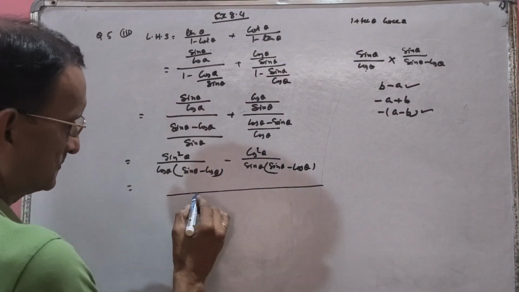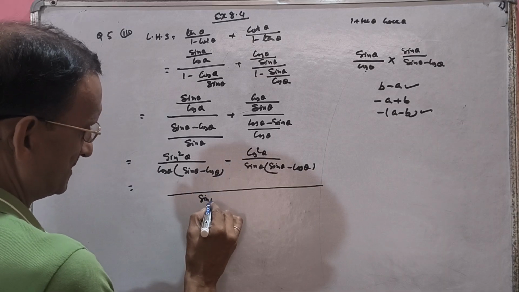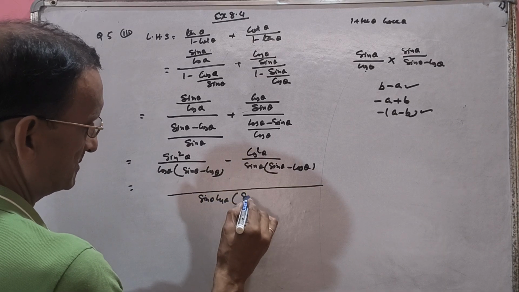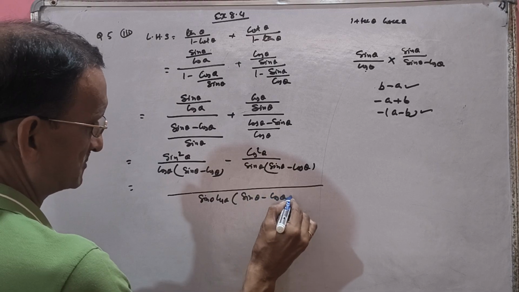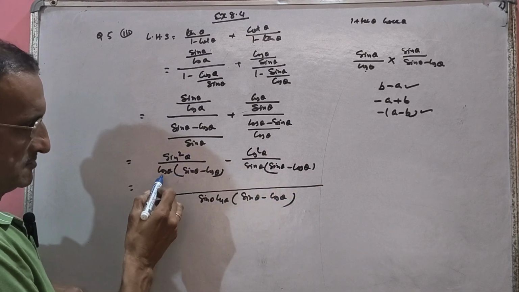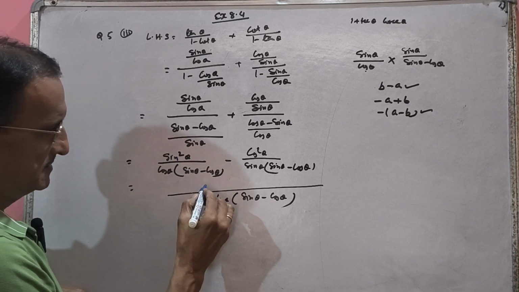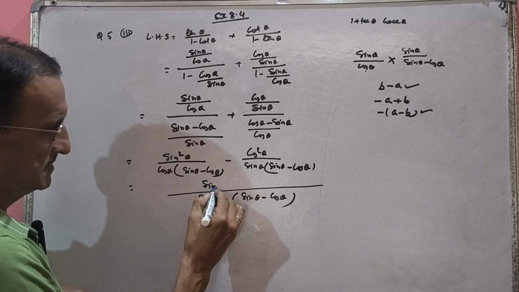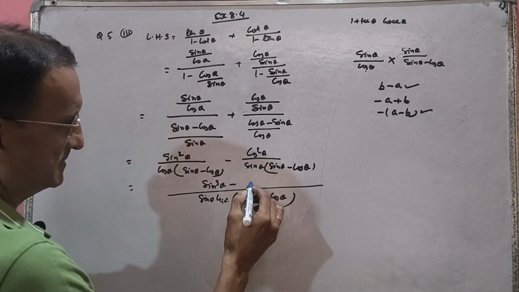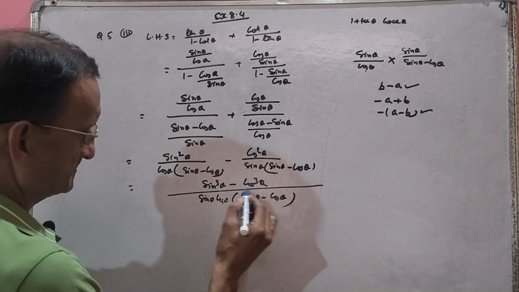Now final simplification, what is the LCM? Sine theta into cos theta into sine theta minus cos theta. So cos theta cancels, sine theta minus cos theta cancels, sine theta into sine square theta gives sine cube theta, and here cos cube theta.